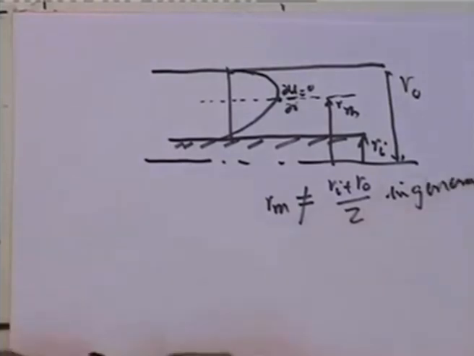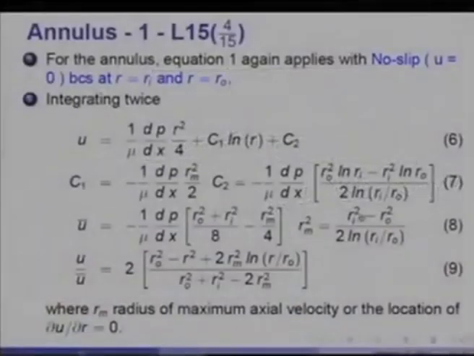In fact, as this expression shows, r_m is very much a function of the radius ratio r_I/r_O. So, we use the locator r_m, and therefore, u over u bar becomes 2 times [r_O squared minus r squared plus 2 r_m squared ln(r/r_O)] divided by [r_O squared plus r_I squared minus 2 r_m squared].